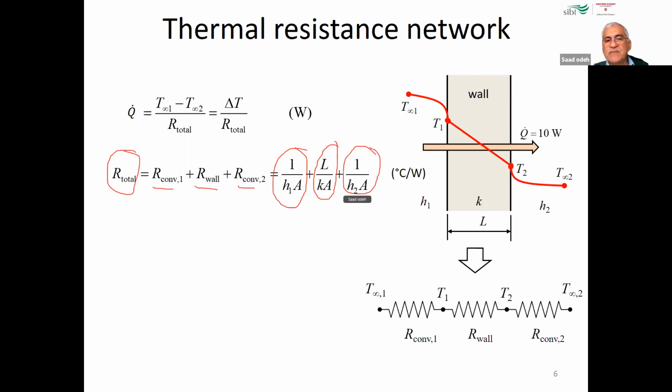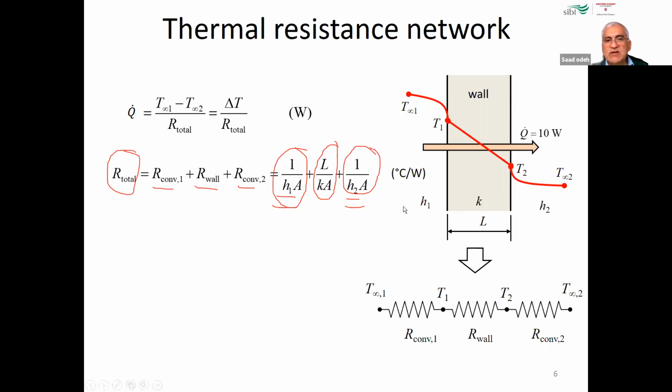But this h here is our external heat transfer coefficient. Why is it different here? Can someone tell me why h1 is different from h2? Both sides we have air. Why do we have different h while we have the same fluid, air inside and air outside?